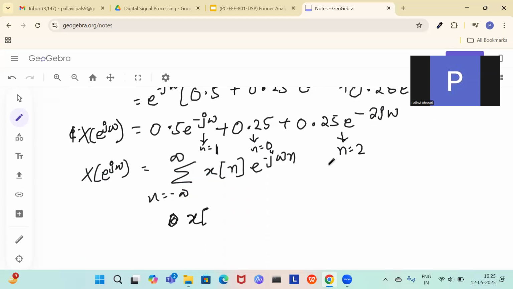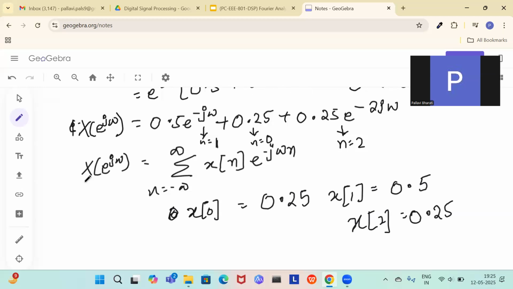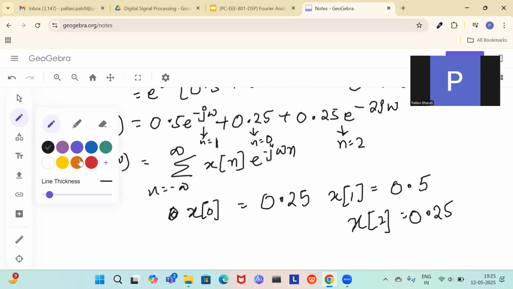So basically you have x of 0 as 0.25, x of 1 as 0.5, and x of 2 as 0.25 again. So once again, just see one more thing. I'll write here itself with a different color.